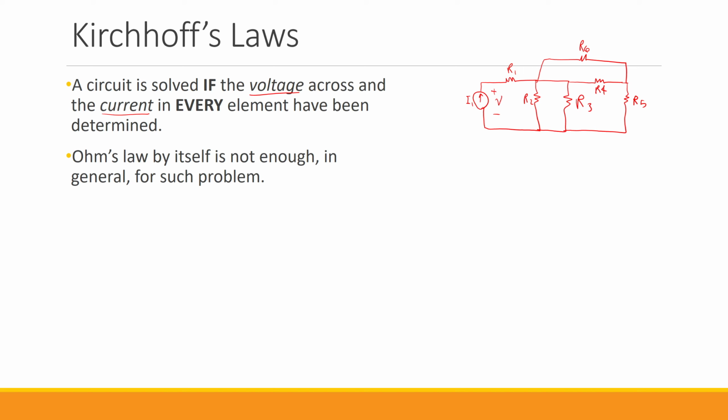If you remember from before, current sources are designed to maintain a fixed current, no matter what the voltage is across the two terminals of the current source. So we cannot know the voltage across this current source until we solve the whole circuit.